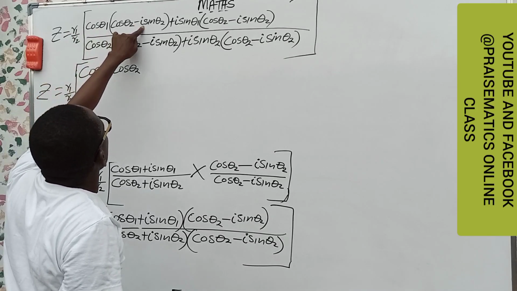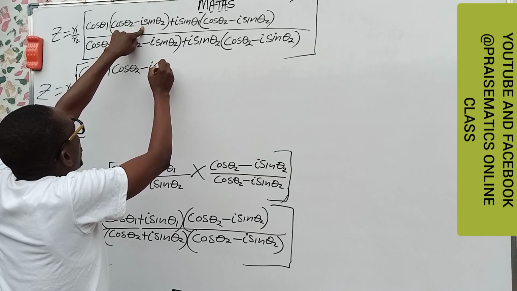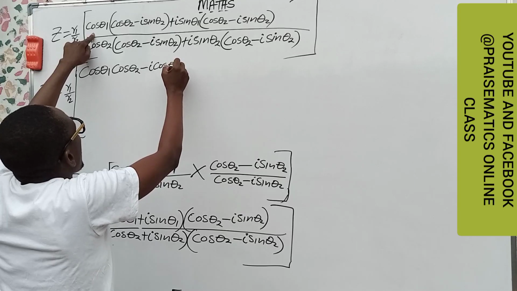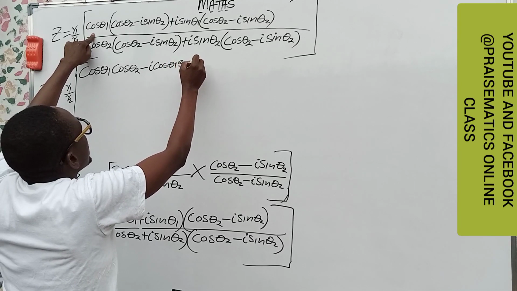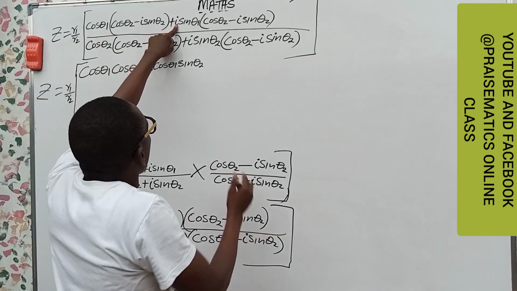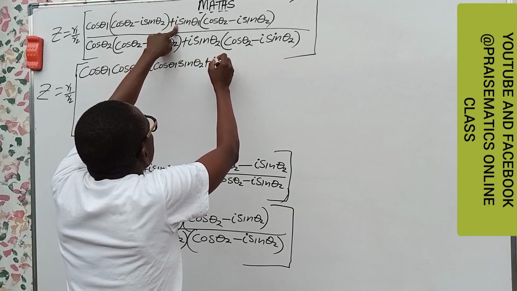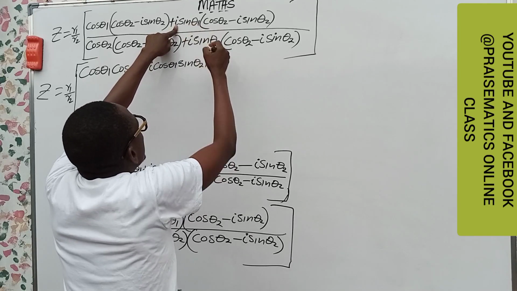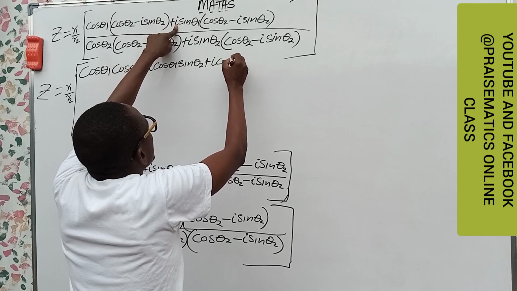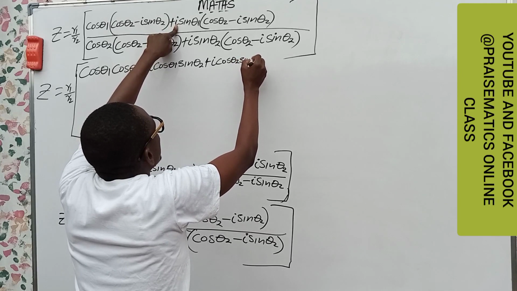Cos theta 1 multiplied by this, we are going to have minus I cos theta 1 sin theta 2. Okay, plus I cos theta 2 sin theta 1.